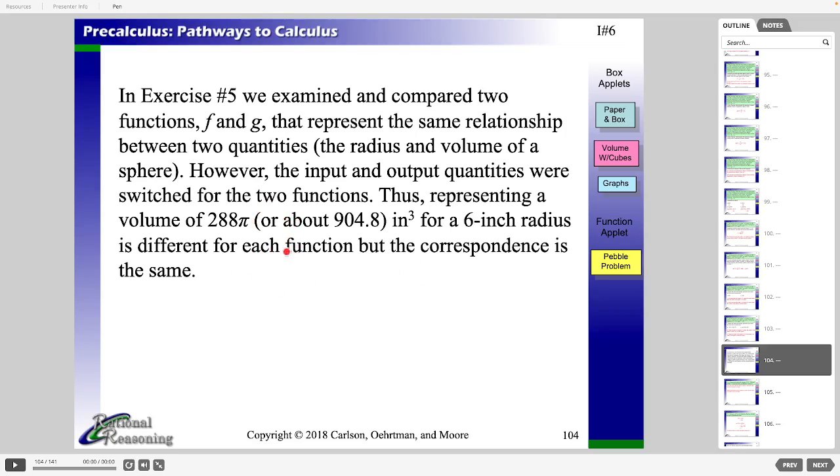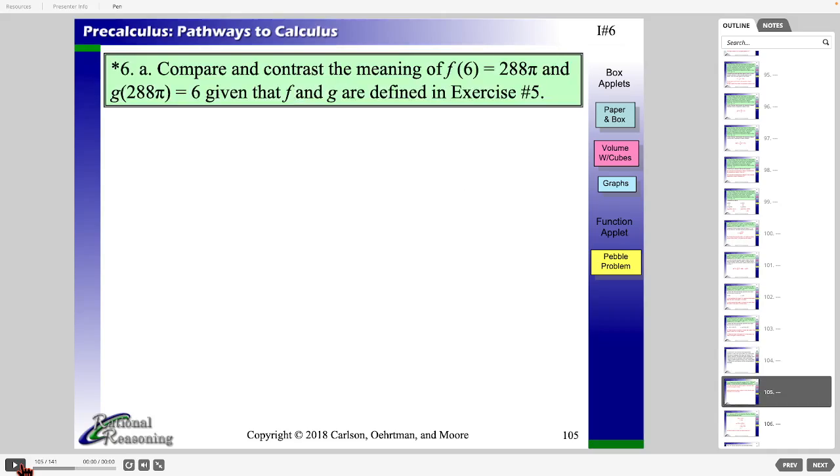So we kind of did this earlier. We did it with a graph. So we could talk about this. What's the meaning of f of 6? Well, 6 is the input, and it's giving us an output of 288 pi.